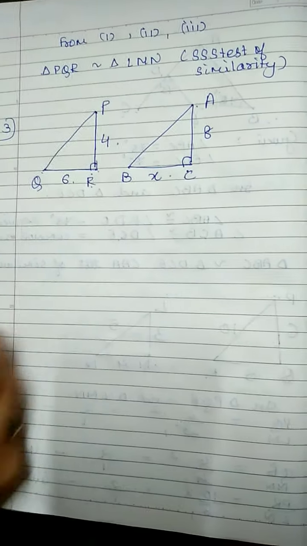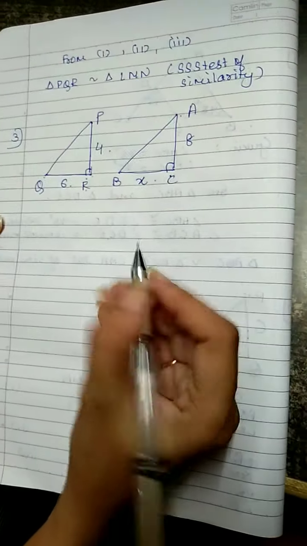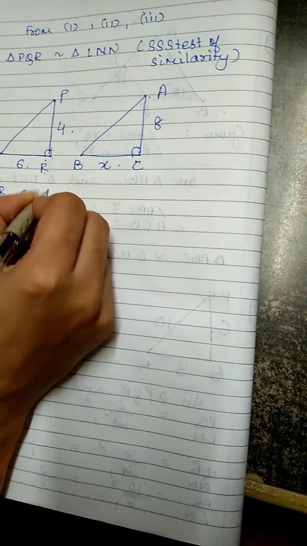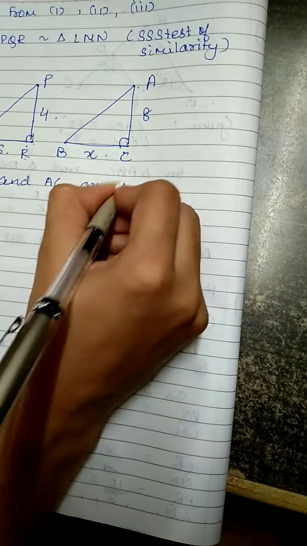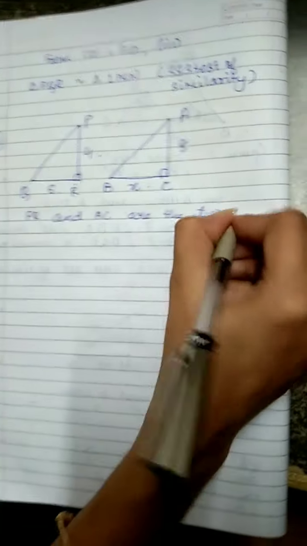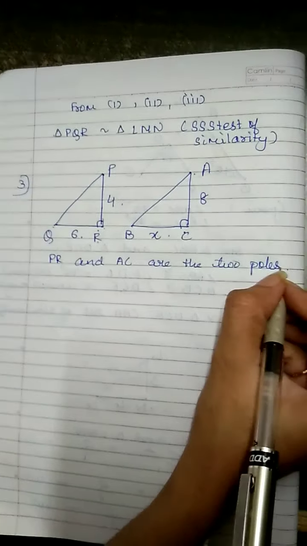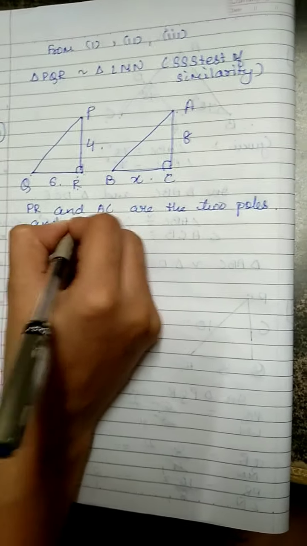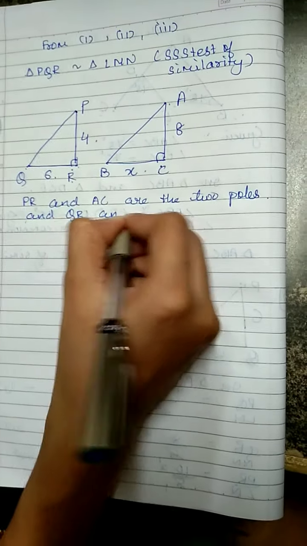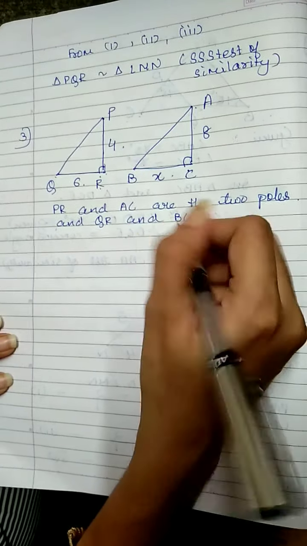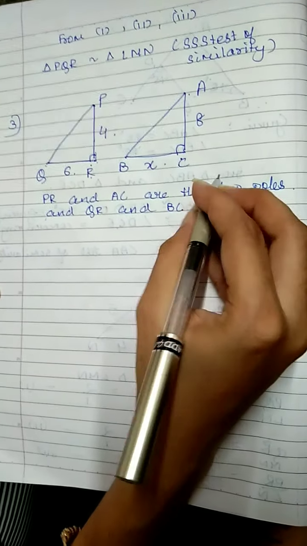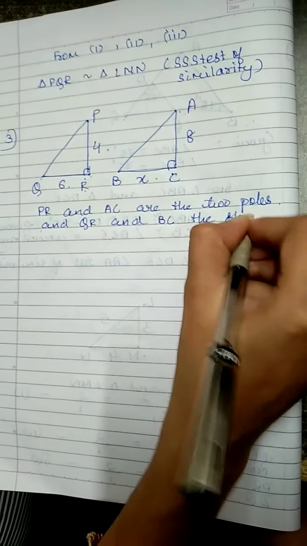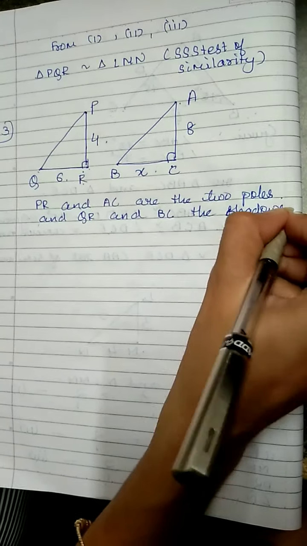That is, we have to find the value of BC. Let us consider BC as x. Now first, PR and AC are the two poles and QR and BC are the shadows.